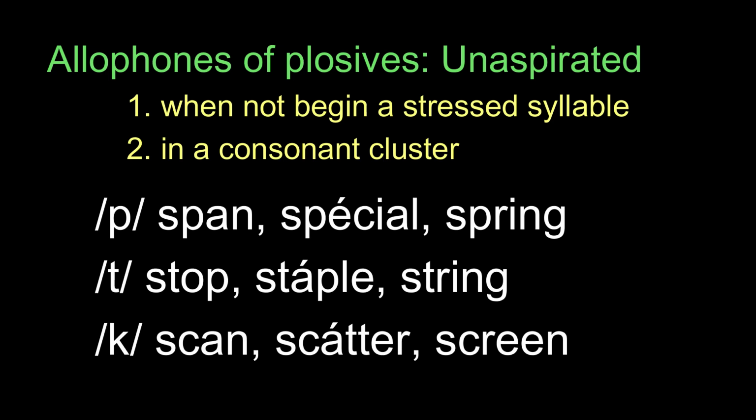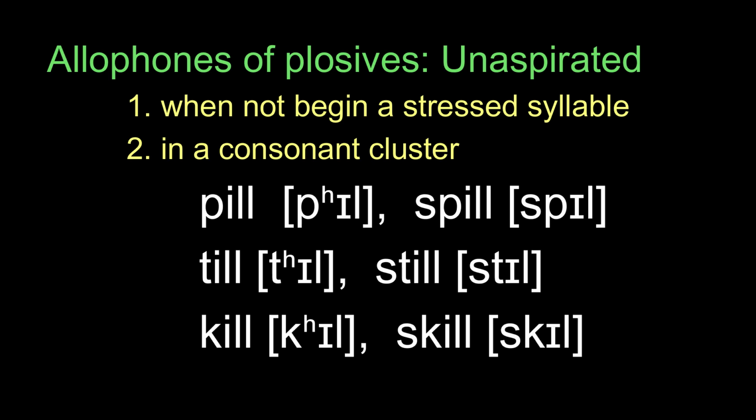P: span, special, spring. T: stop, staple, string. K: scan, scatter, screen. Compare the pronunciation of the following words with and without aspiration. Pill, spill, till, still, kill, skill.